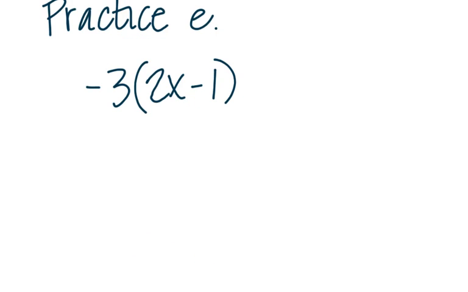Okay, practice E. Negative 3 multiplied by 2x minus 1. Try that one. Okay, remember you have a term here, and you have a term here, and you want to distribute the negative 3 to this, and then to this.